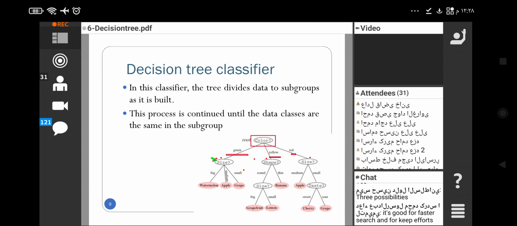So we are working with a subgroup of the data. That's what I mean at this point. This is a feature of the decision tree classifier: when it is building the tree, it is working with a subgroup of the data.